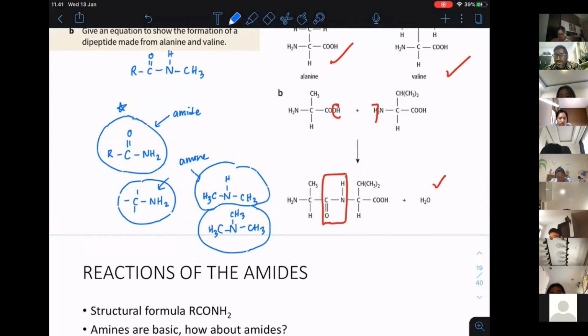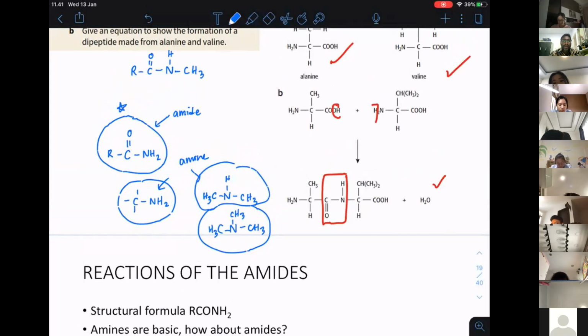As long as you have carbon bonded to O and then there is nitrogen over there, this is what we call amide. So this one is going to be named as substituted amide. Okay, so let's move on further.